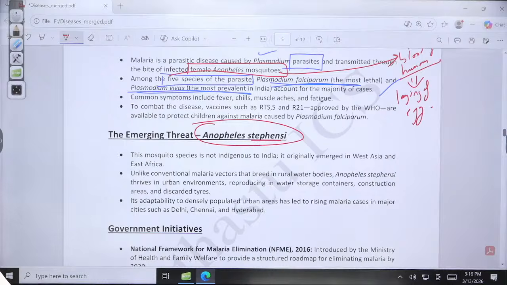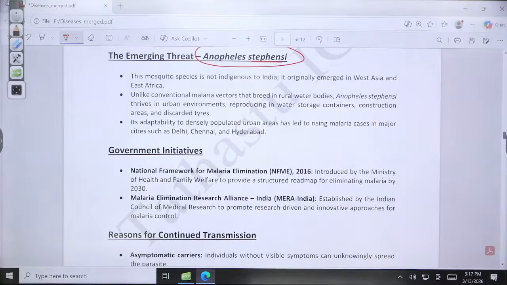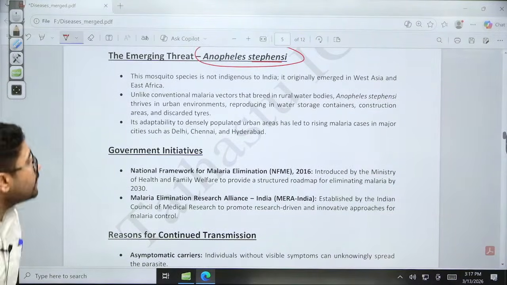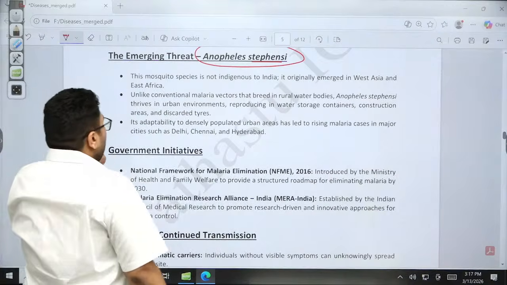The questions asked in prelims are in the form that a particular mosquito species has been in the news. In what context? Such questions are expected for this species, Anopheles stephensii, which has particularly evolved to the urban conditions of India.